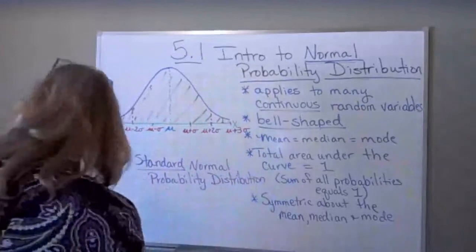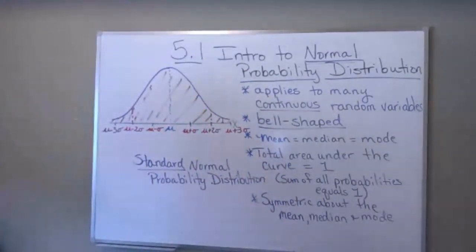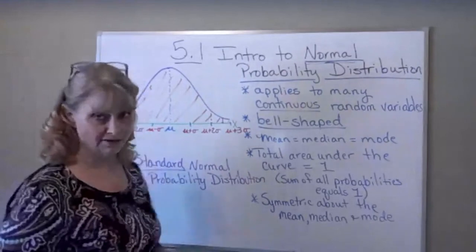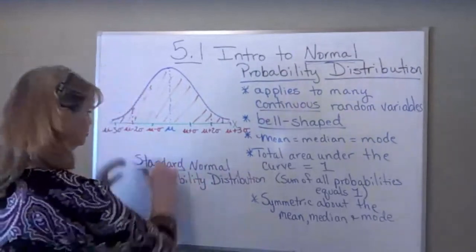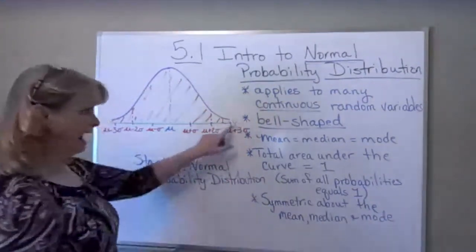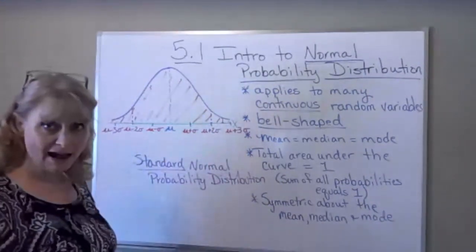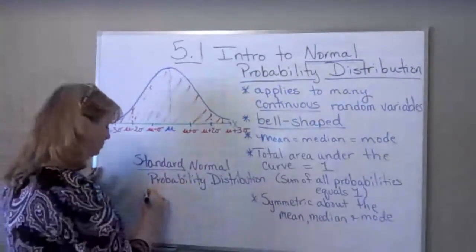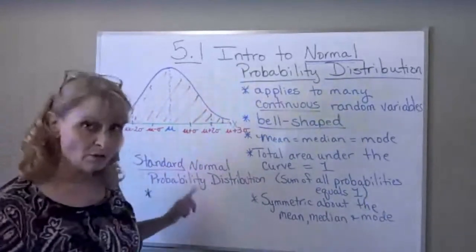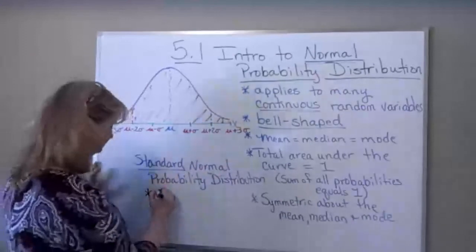And the standard normal probability distribution is based on z-scores instead of data values. So this right here, notice I put an X there. X represents different data values. But when we change to the standard normal probability distribution, that's what we're going to have a table for.